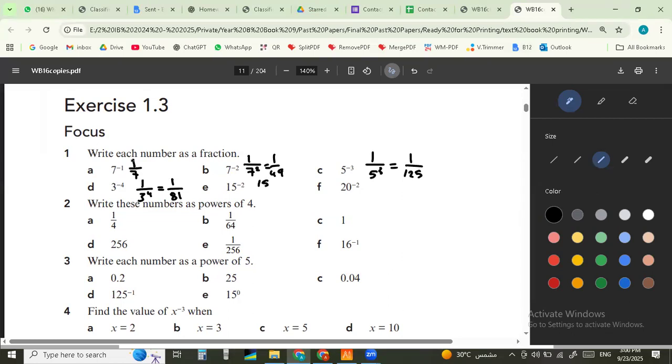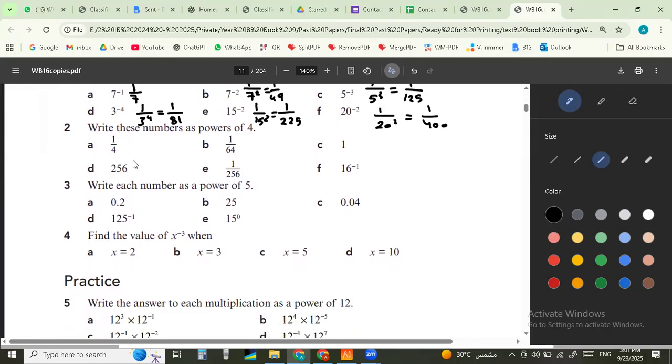Here, 1 over 15 to the power of 2, which is 1 over 225. And here is 1 over 20 to the power of 2, which is 1 over 400. Next one.